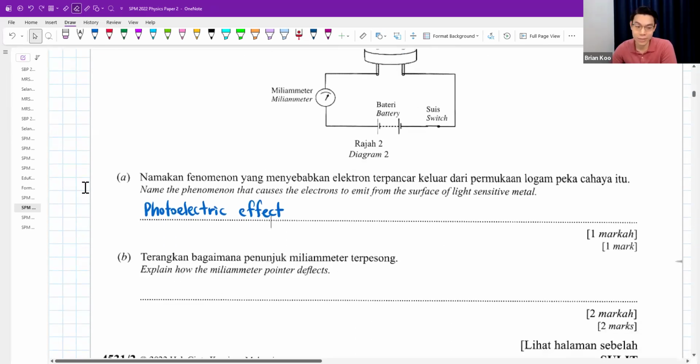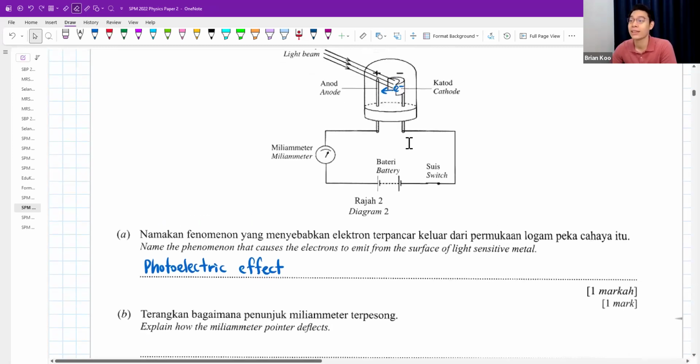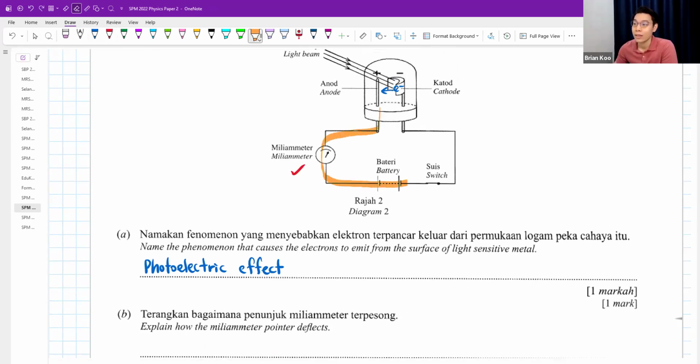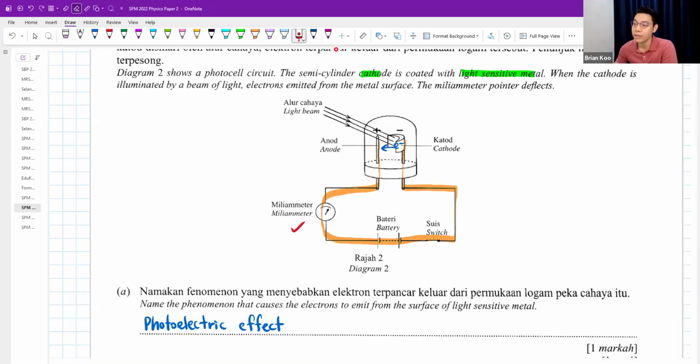Part B, for 2 marks, explain how the milliammeter pointer deflects. The reason why it will deflect, please understand, is because the circuit is complete. The cool part about this is, even though inside here there's no wire connecting the two ends.